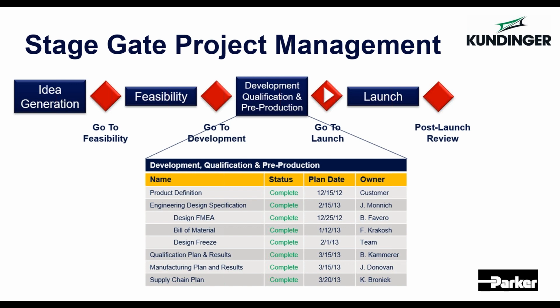If that ends up being a yes, then we'll go to development qualification and pre-production, where we'll work on product definition, again with direct engineer to engineer contact with OEMs, put together specifications, go through design FMEAs, again fully synchronized with the launch schedule of the OEM's product, all the way through qualification and results, manufacturing plans, and custom test stands as well.